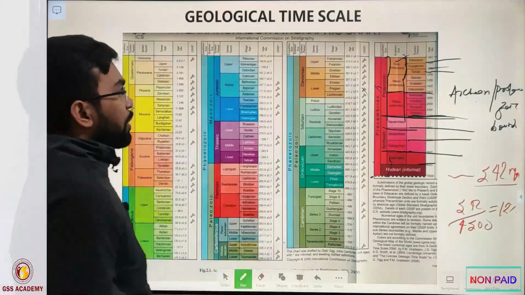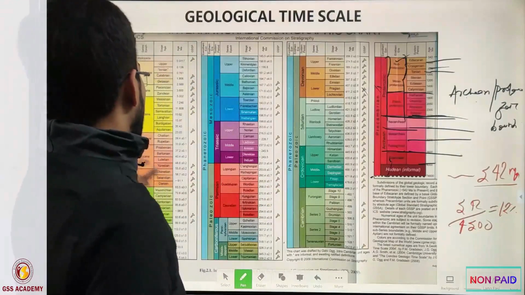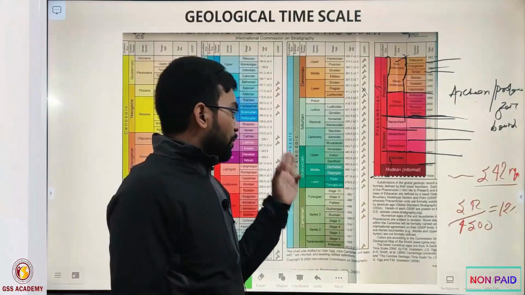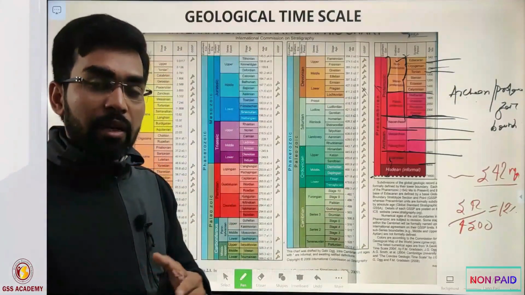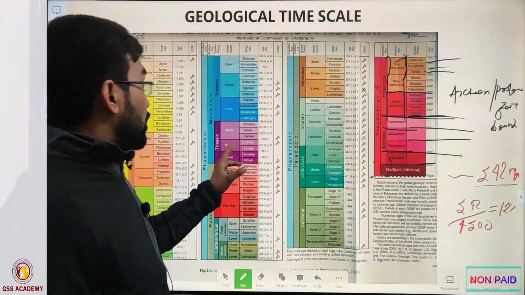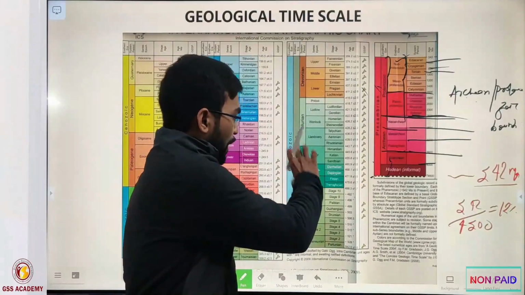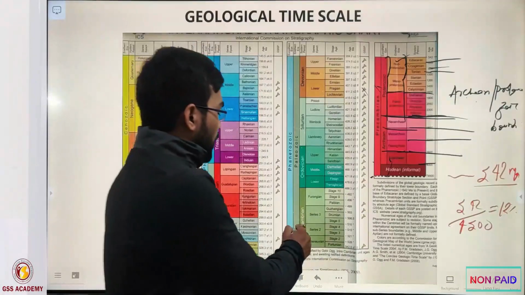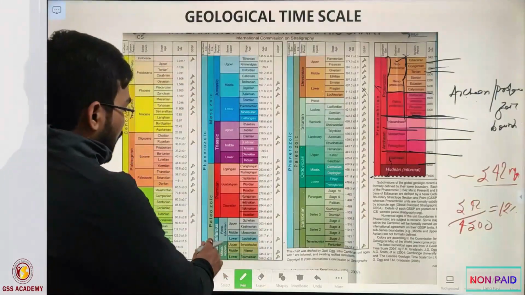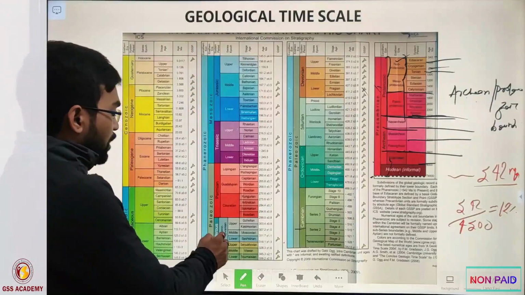Again, the Phanerozoic is divided into three different eras: first one is Paleozoic, second one is Mesozoic, and third one is Cenozoic. The Paleozoic is further divided into Cambrian, Ordovician, Silurian, Devonian, and Carboniferous. Carboniferous is further divided into two important parts, Mississippian and Pennsylvanian.